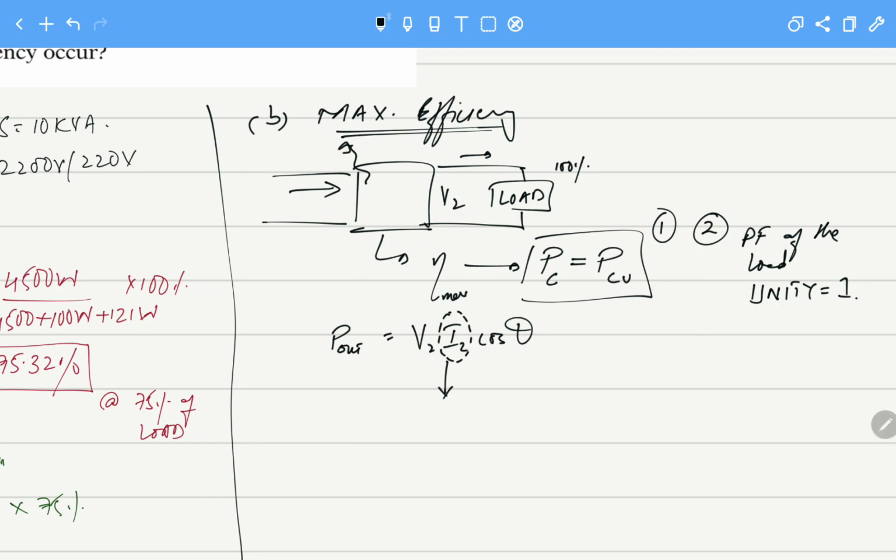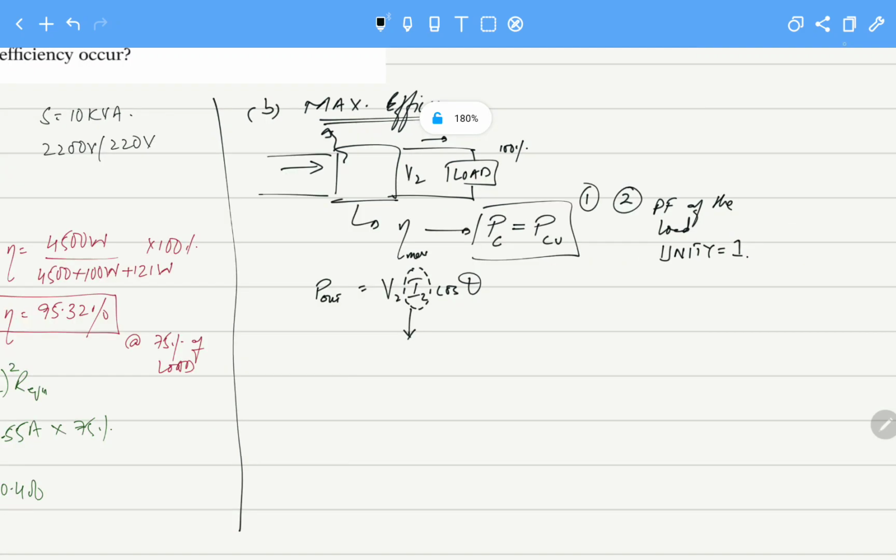So how do we determine the current? How can we determine the current for this scenario? This can be done if we have the equivalent model of our transformer, and we are dealing with the secondary side. This is the transformer, this is the current that is flowing through the transformer, and this is actually referred to the low voltage side.